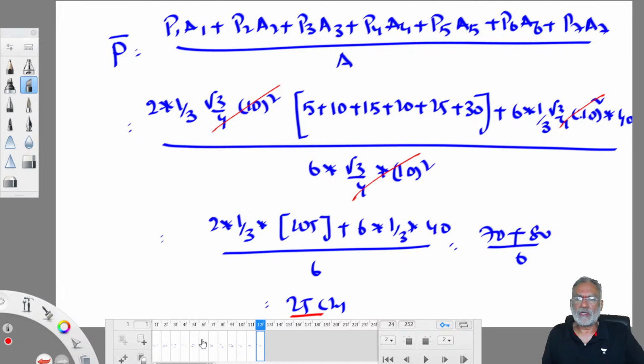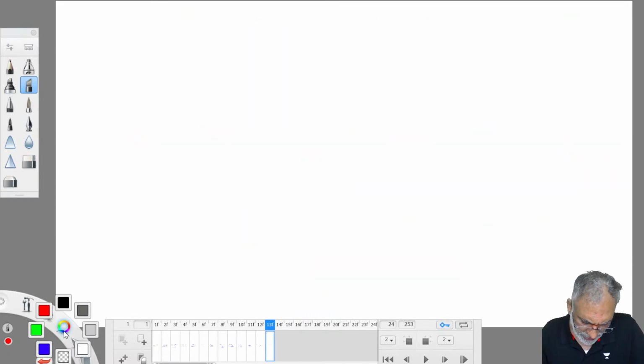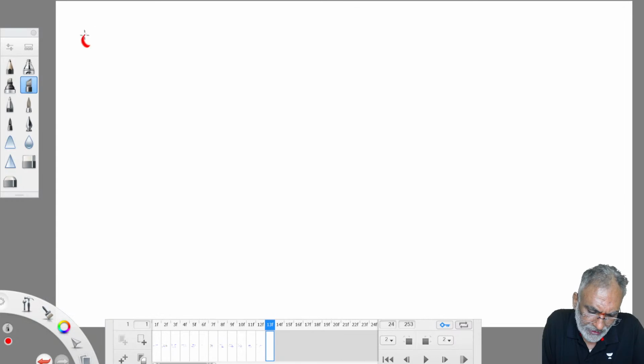So this is how we can work out mean precipitation by Thiessen polygon method. I have solved different kinds of questions. One more example you want to take, you can take. Example 4.